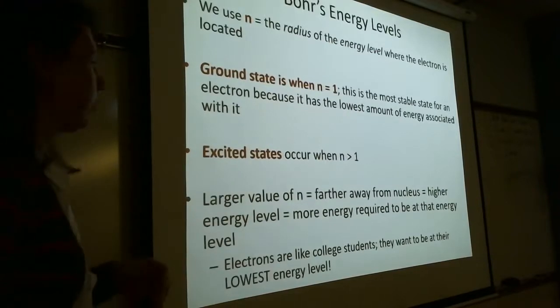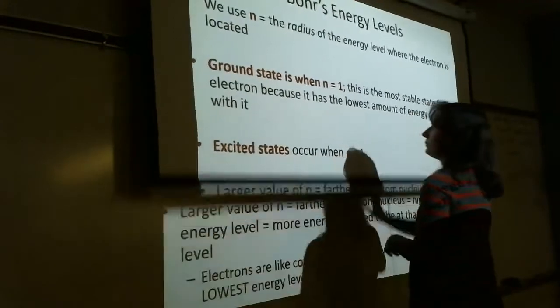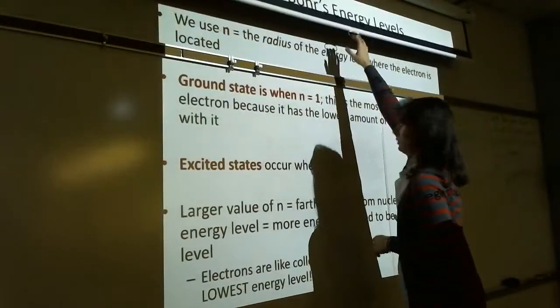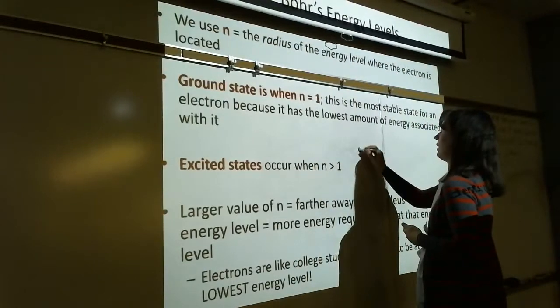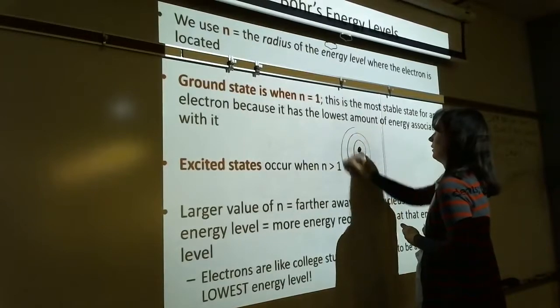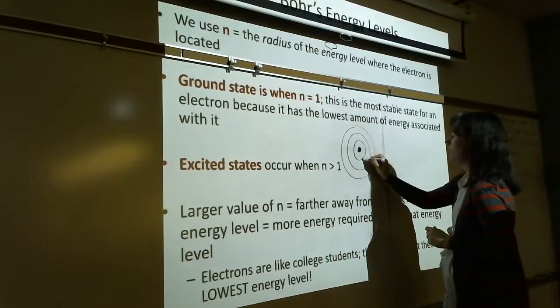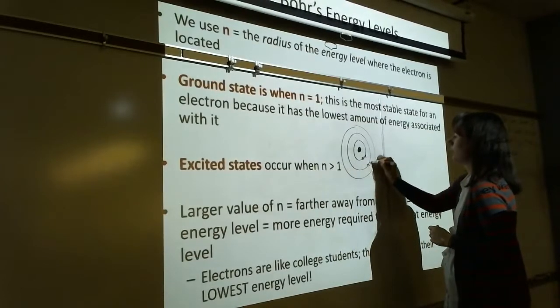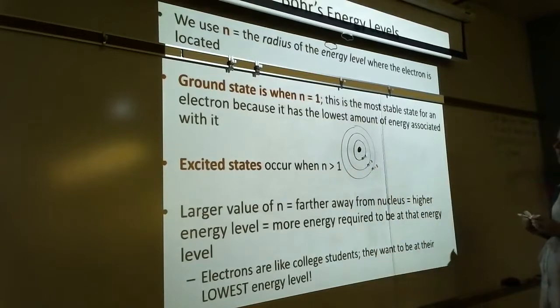So if we're drawing out a sketch of the Bohr model, there's our nucleus, and then we've just got these nice circular rings. This would be n equals 1, this would be n equals 2, this would be n equals 3, et cetera, et cetera, et cetera, okay?